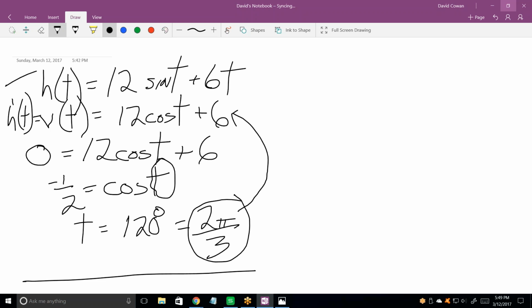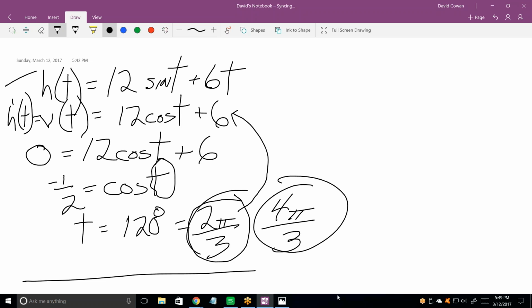Now, there's also another place in the unit circle where this would be true, and that's at 4 pi over 3. Okay? But that's the second time the weight is 0. This is the first time, the smaller number, the lower time. Okay?